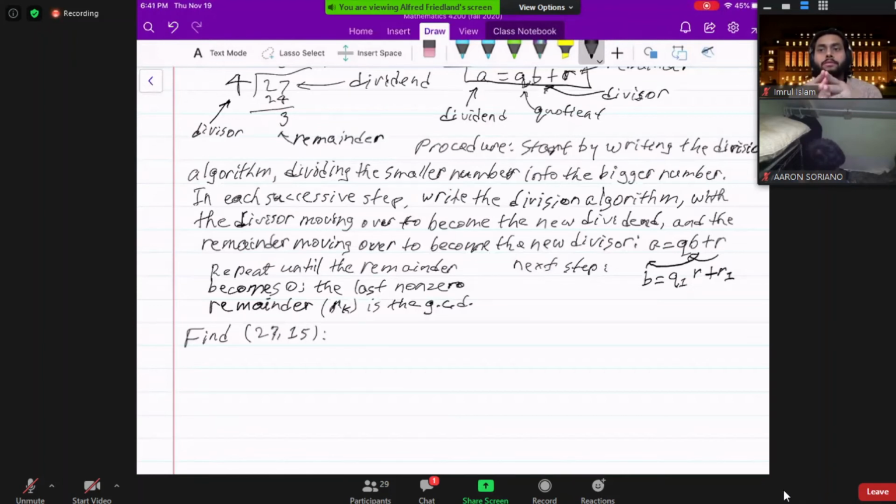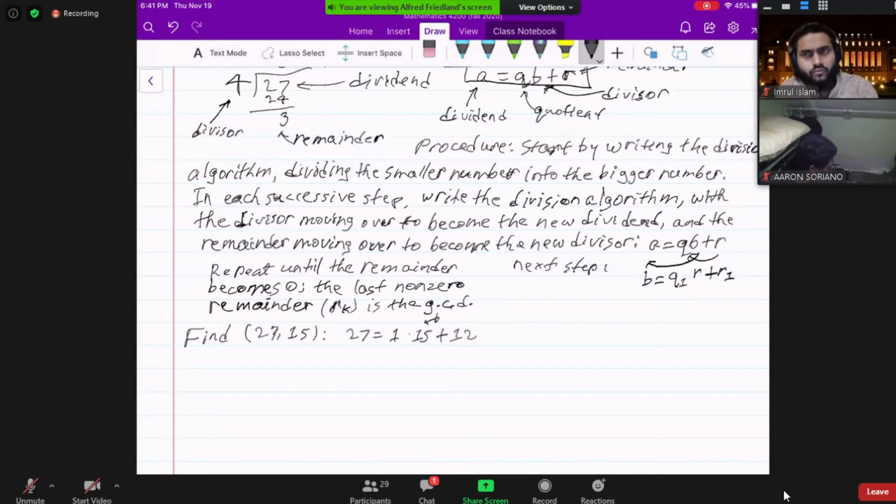Okay, so we're going to start by writing the division algorithm, where we're dividing the bigger number, that's 27, by 15. So it's going to be something times 15, so that's like the B, plus a remainder. All right, 27 equals how many times 15? Well, not 2 times 15, that would be 30 already. So we'll have to write 1 times 15 plus a remainder of 12.